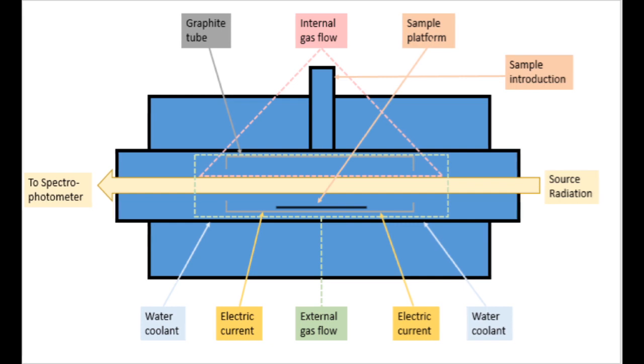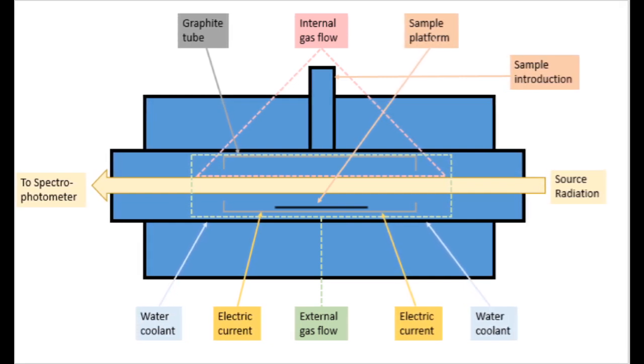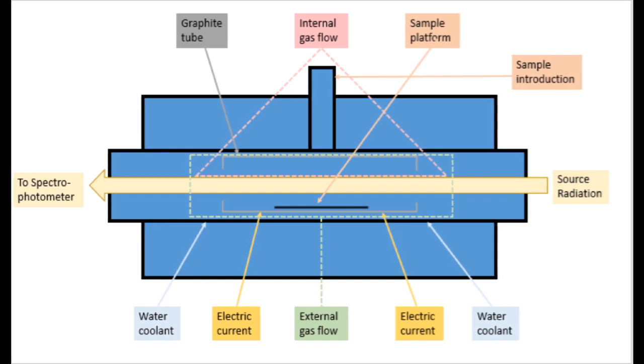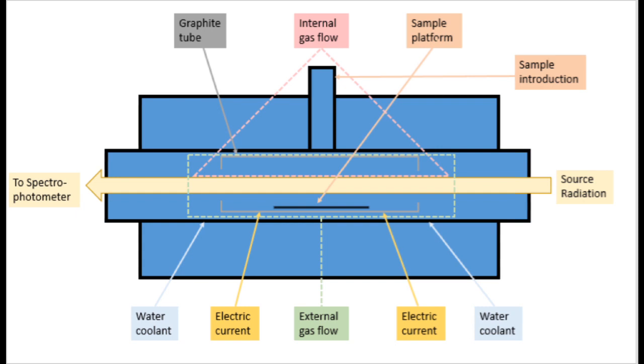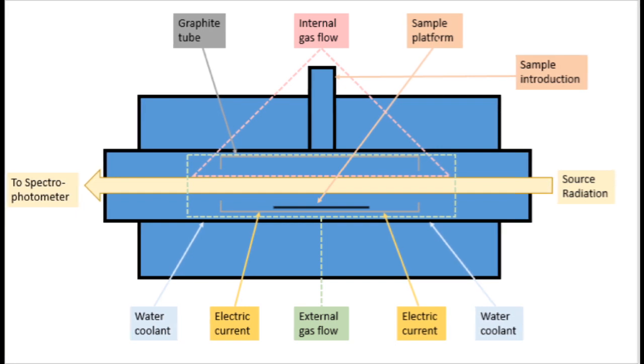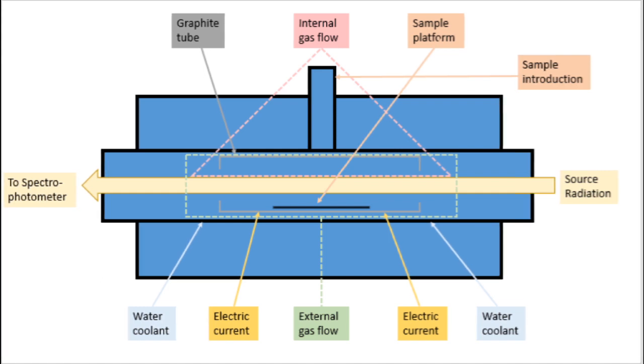A graphite furnace is made up of a graphite tube open at both ends with a hole in the center for sample introduction. The tube is encased within graphite electrical contacts at both ends that serve to heat the sample. A supply of water is used to keep the graphite furnace cool.